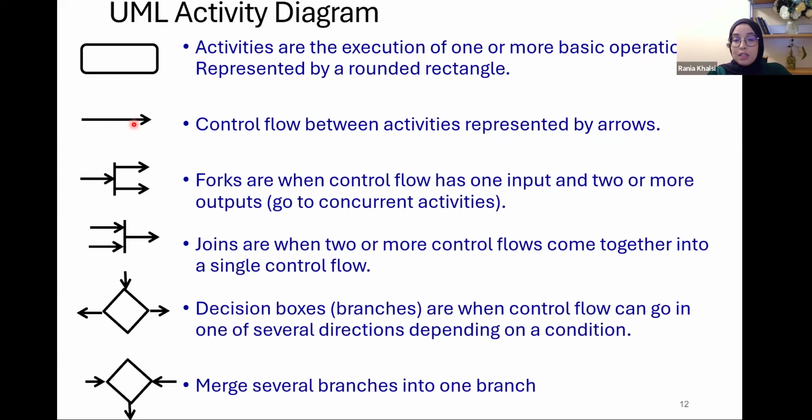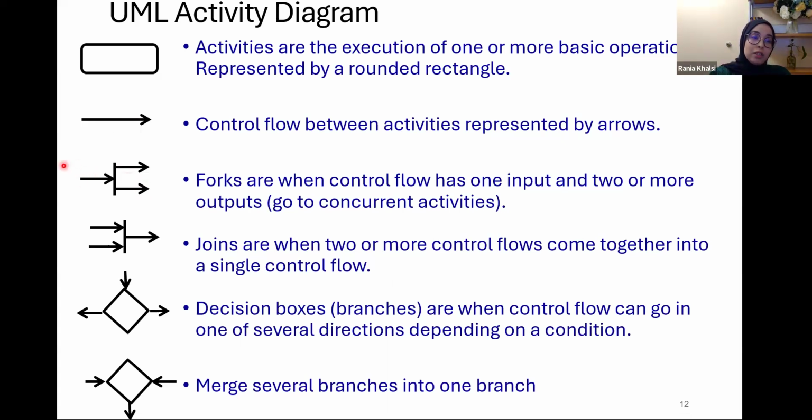It is to show the flow of the activity, and basically the sequence of the activities also, we can say. So sometimes it's not sequential, you can have some activities that are happening in parallel.